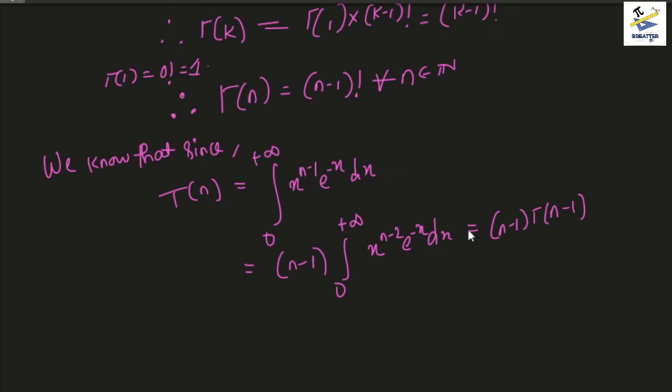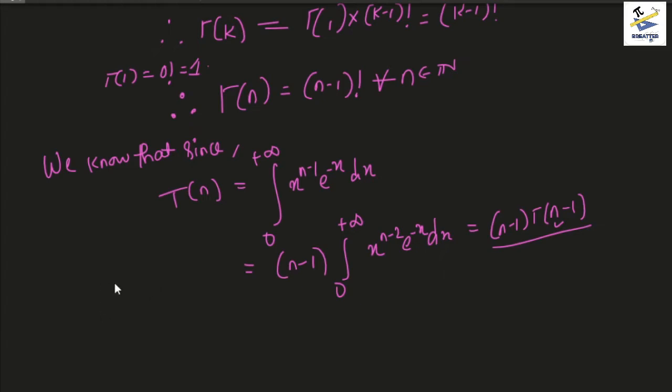So what we understand here is that, as long as n is a real number, we can still use this definition, and we can find all the real numbers n such that gamma of n is defined.